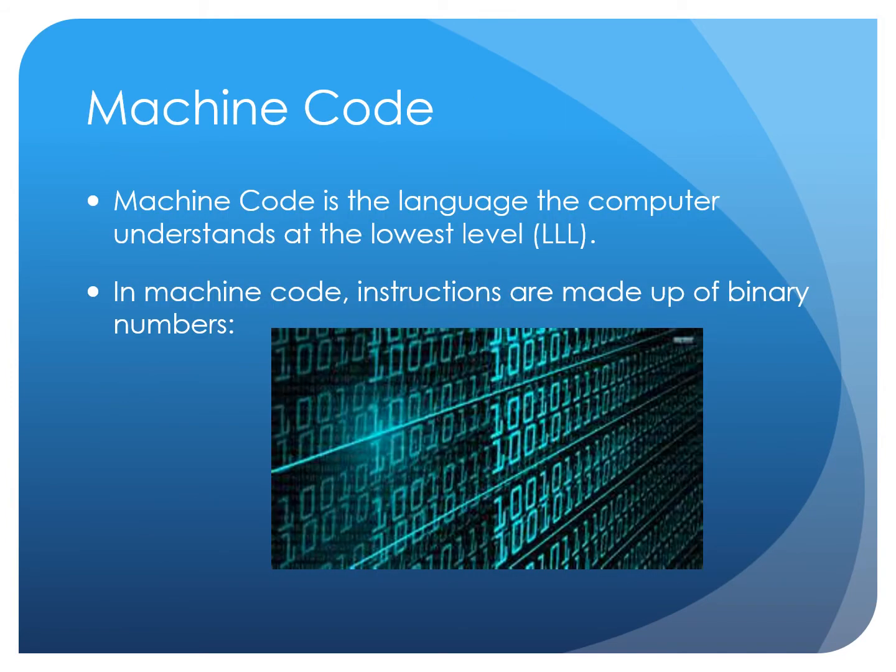Machine code is a language the computer understands at the lowest level. It's referred to as a low-level language. I mentioned this earlier on in our learning intentions and success criteria. In machine code, instructions are made up of binary numbers.